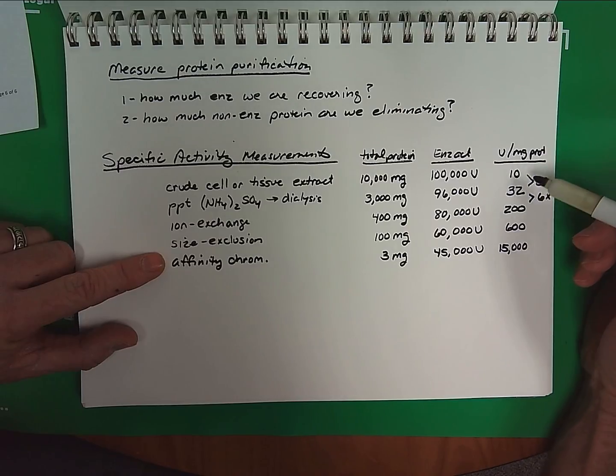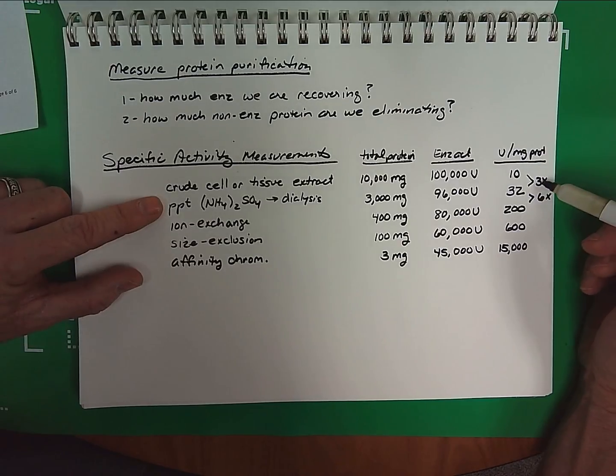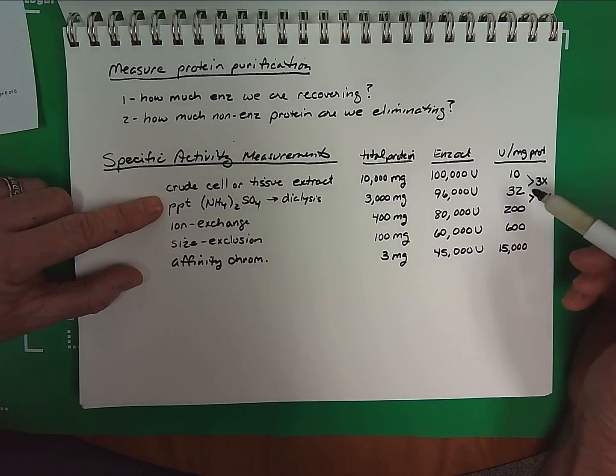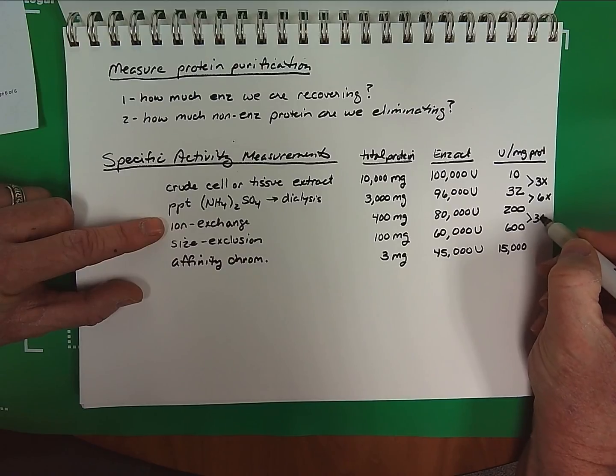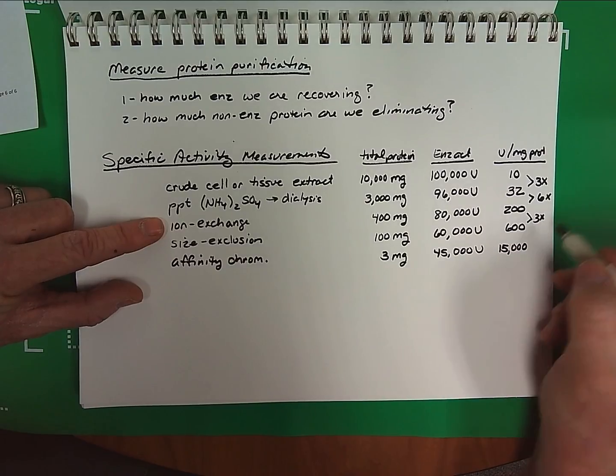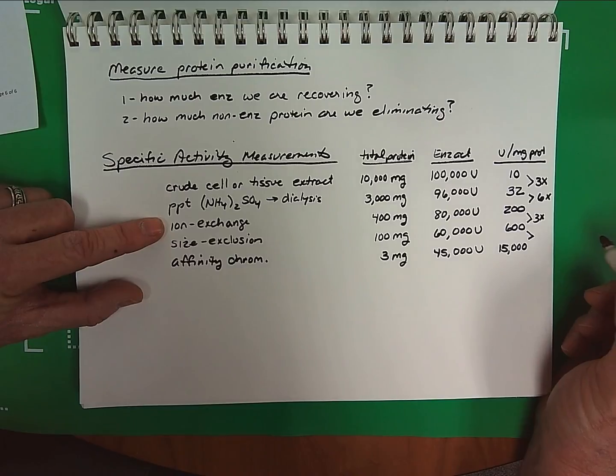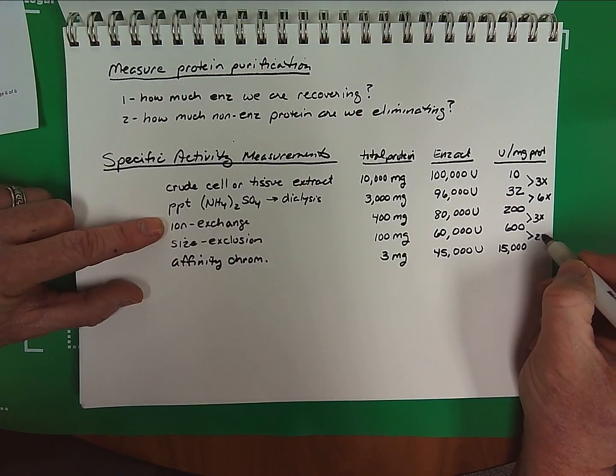So we've seen from one step to the ammonium sulfate we have a threefold purification. The next step gives us an additional sixfold purification. The next step is a threefold purification. This step here is approximately 2.5.